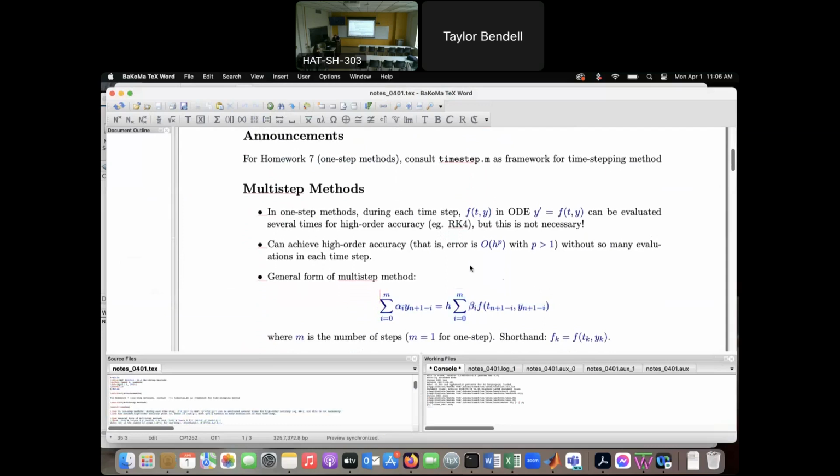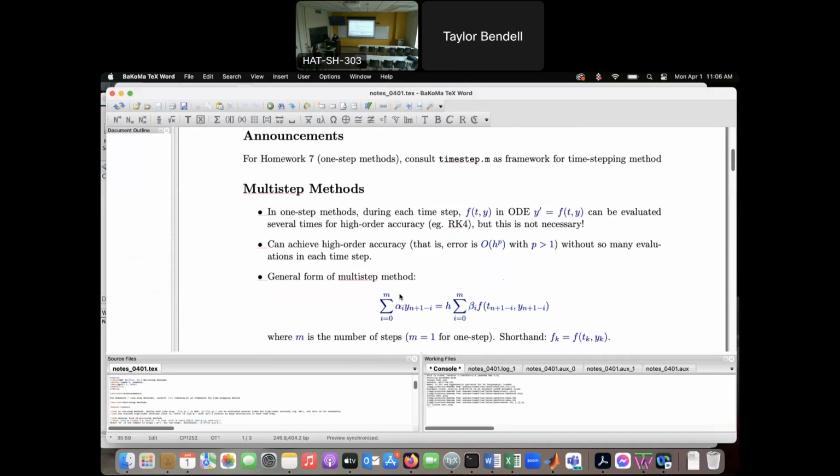We have 2 summations. On the left side, we have a linear combination of y values, so solution values at different times, and the coefficients of the linear combination are these alpha i's. And on the right side, we have a linear combination of your time derivative values, so f evaluated at select times and select solution values. We have these coefficients of beta i's to combine them.